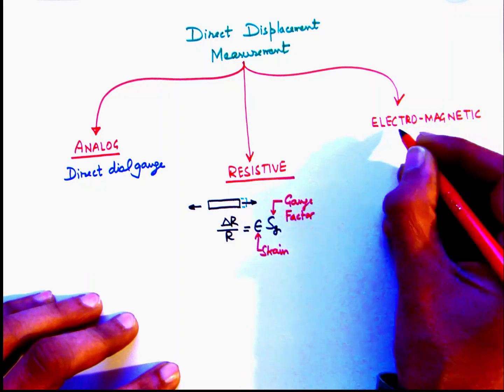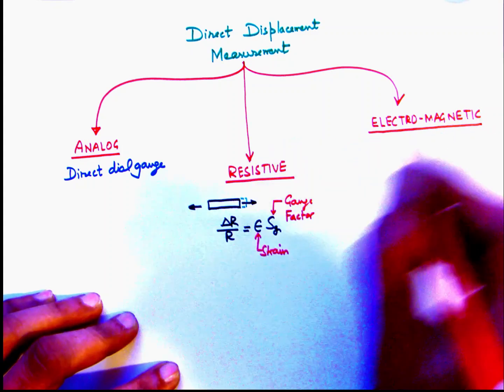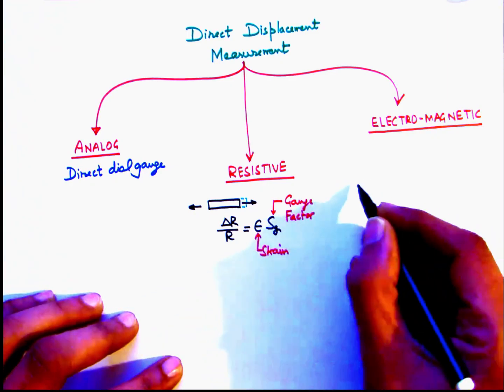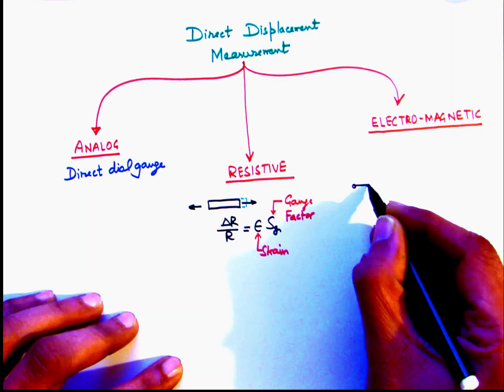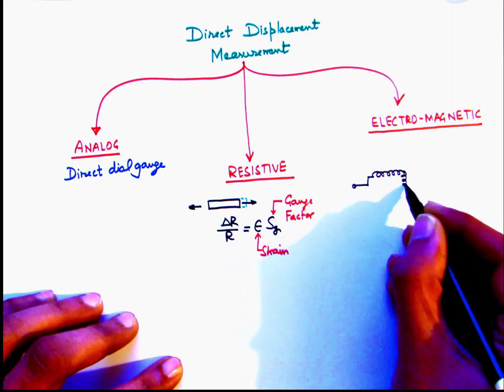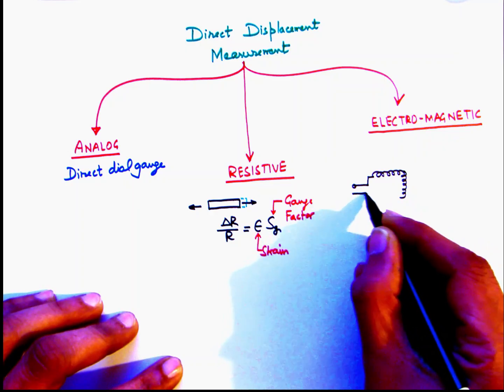Then the third type of measurement is the electromagnetic type. So here the principle used is that of electromagnetic induction. So essentially it consists of a pair of coils, and these coils usually overlap each other.